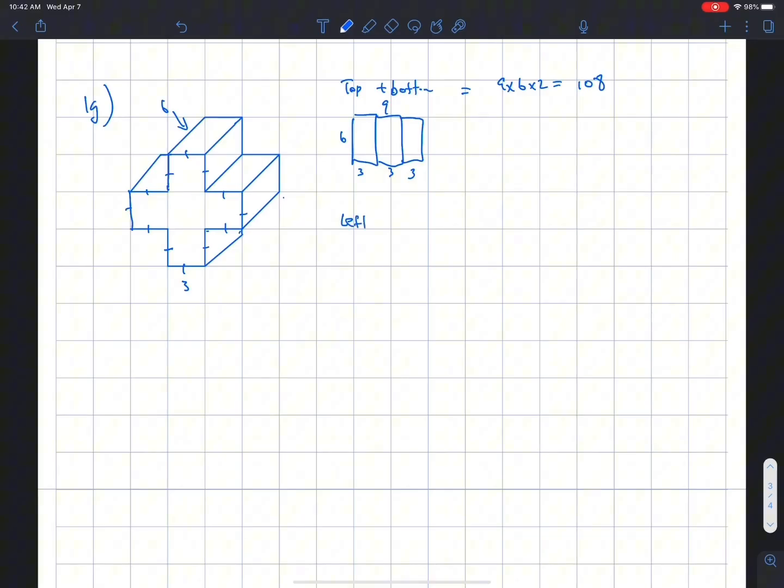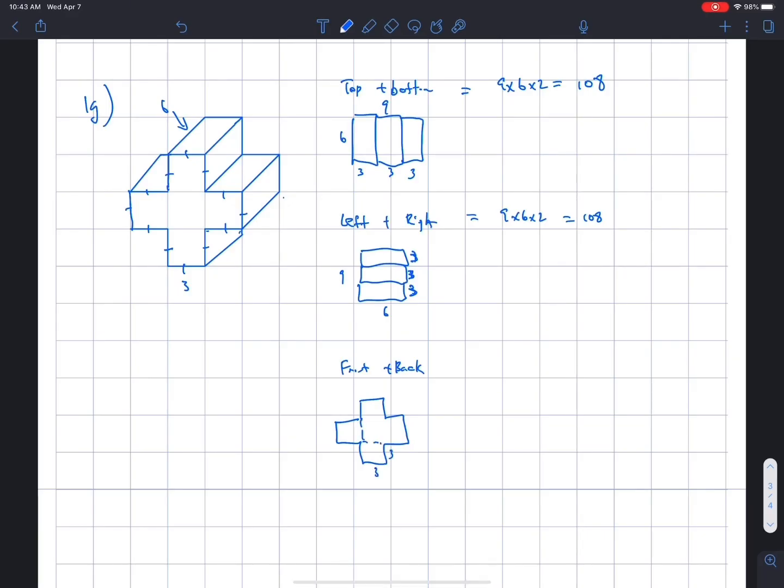The left and right piece, 1 rectangle, 2 rectangles, 3 rectangles. So all of these are 3, so that's still 9, and this is still 6. So it will just be 9 times 6 times 2, also 108. Front and back. These are 3, 3.